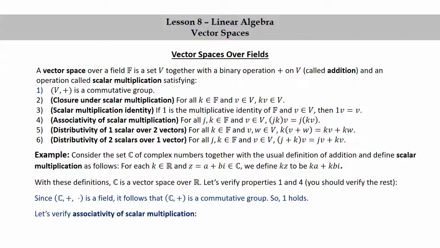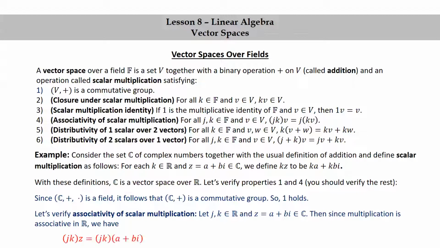Let's verify associativity of scalar multiplication. That's property 4. Let j, k be in R and z equal a plus bi in C. Then we're going to use the fact that multiplication is associative in R. So we have (jk) times z is (jk) times, well, z is a plus bi. So (jk) times (a plus bi), which by definition is jka plus jkbi.